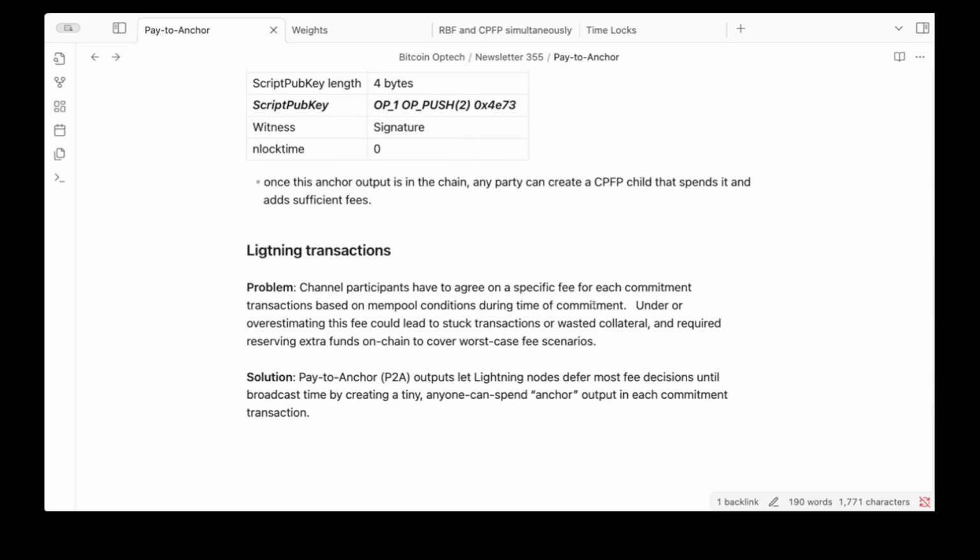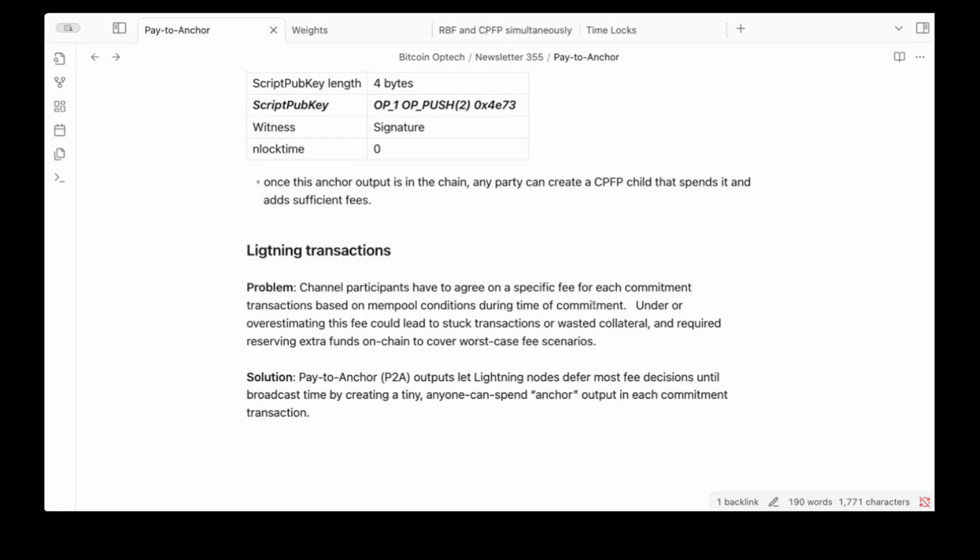So typically in a lightning transaction, when you open a channel with a channel partner, you have to agree on a specific fee for each commitment transaction. This depends upon the mempool's condition during the time of commitment. Because fee rates are highly variable, and you cannot predict the fee rate with a lot of confidence into the future, typically you have to overestimate the fee and have some cushion for a fee rate spike.